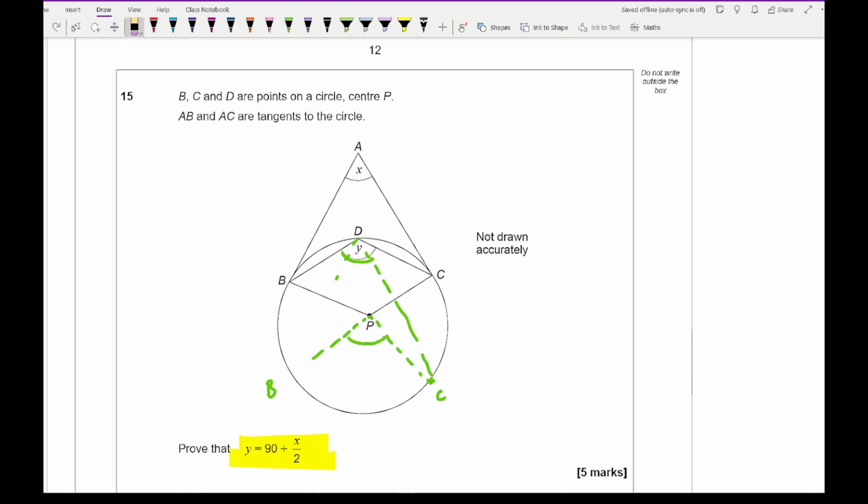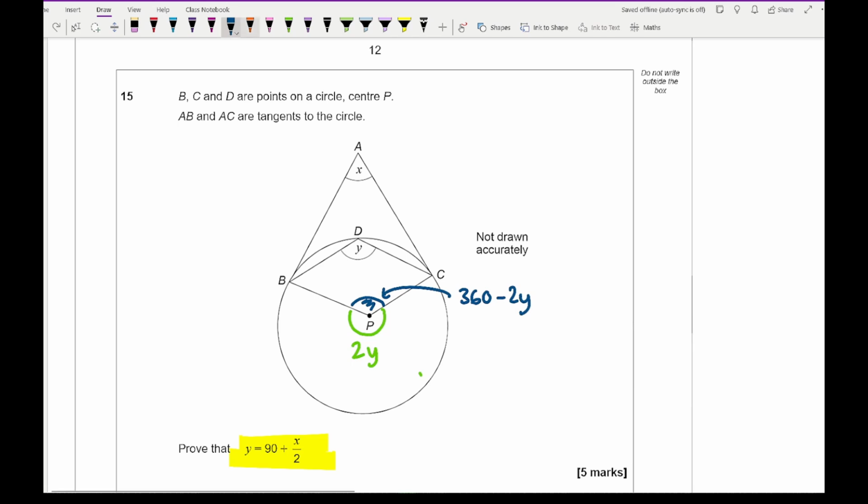So if I take the shape of DBPC as an arrowhead, then this angle here is going to be 2y. Now if that's 2y, then this angle here is going to be 360 minus 2y.